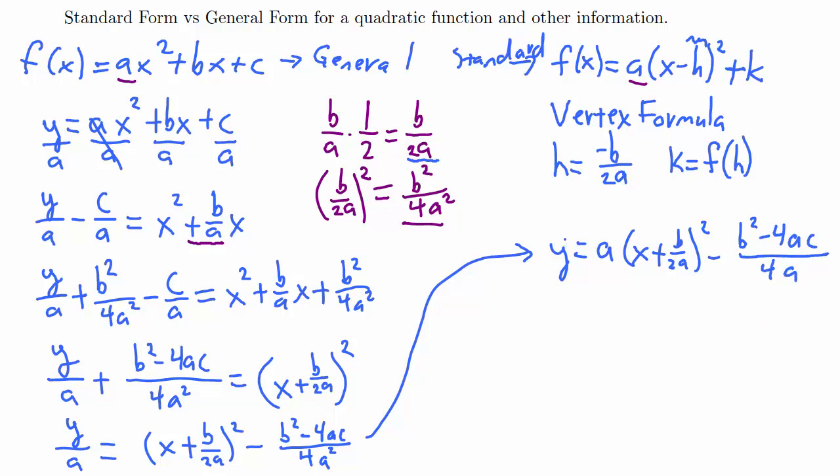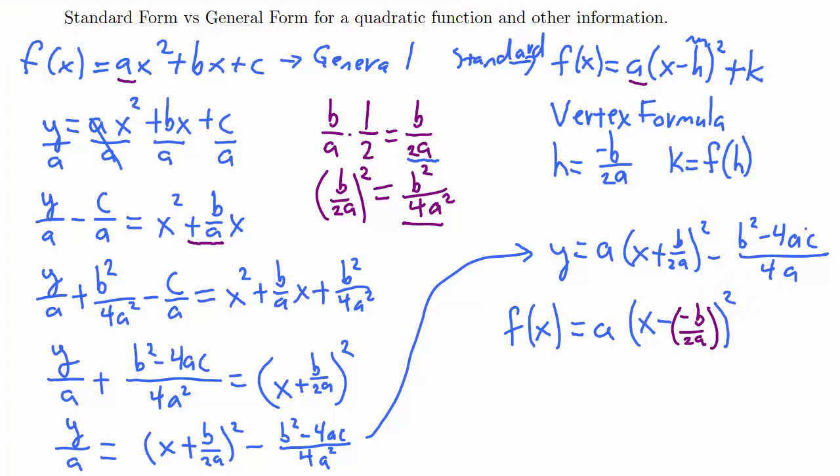Now notice that y is just f of x, so f of x is equal to a times, now I'm not going to leave it like this, I'm going to make this x minus something. And in this case, that something is going to be just negative b over 2a, and you can square it from that.